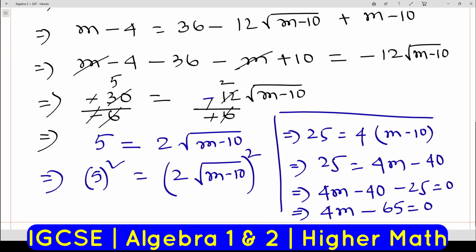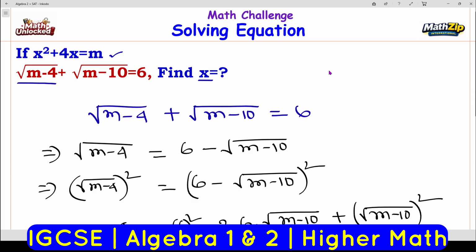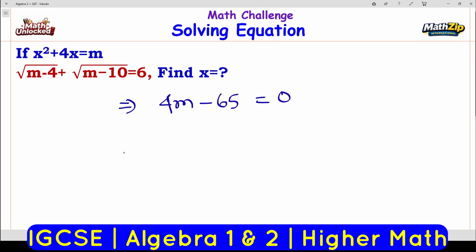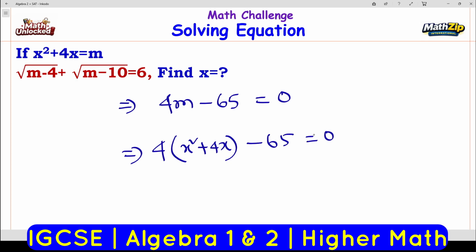So we will write x square plus 4x instead of m. So it will be 4 times x square plus 4x, and here is minus 65 equals 0. Then 4x square plus 16x minus 65 equals 0, right?